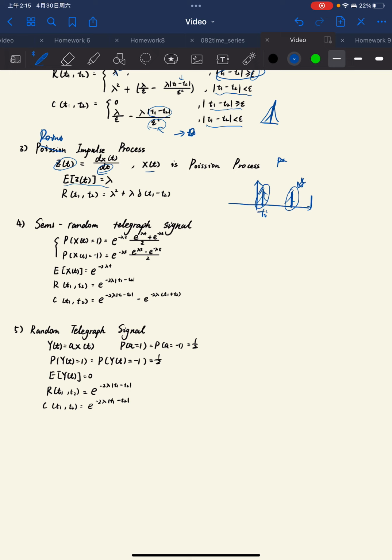And also the covariance is equal to only the last part, lambda times delta of T1 minus T2.